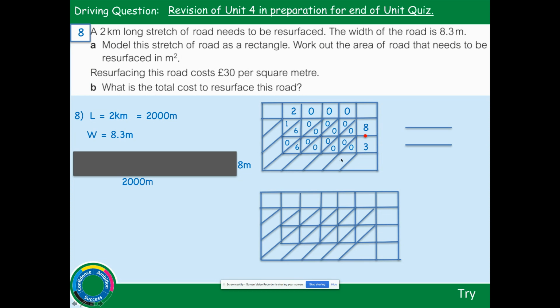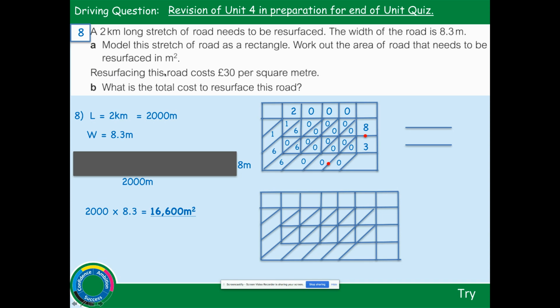Okay, so add my diagonals: 0, 0, 0, 6, 6, 1. And my decimal, I would come down here because I haven't got a decimal, but that's where it would be if there was one. So I come down, that's where it meets, so go down my diagonal. So I've got 16,600. Okay, that's my area, meters squared.